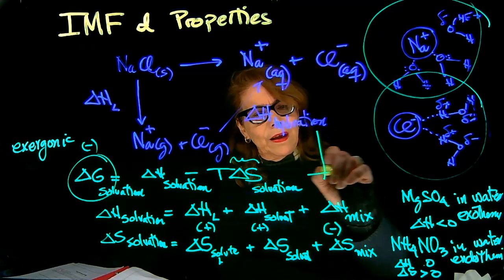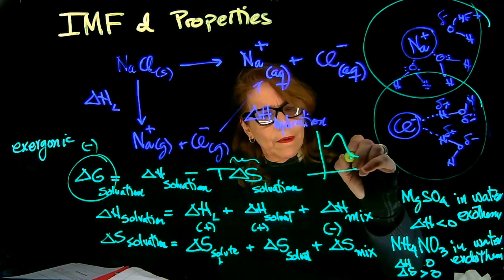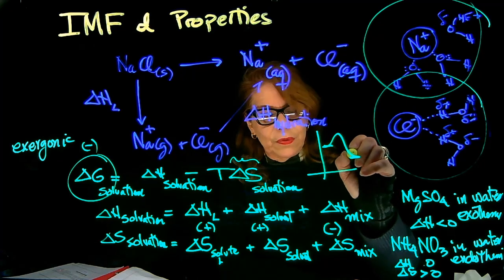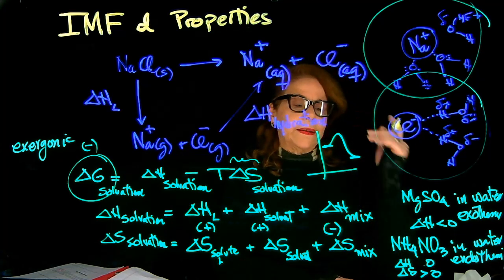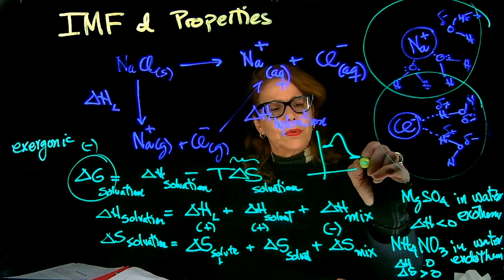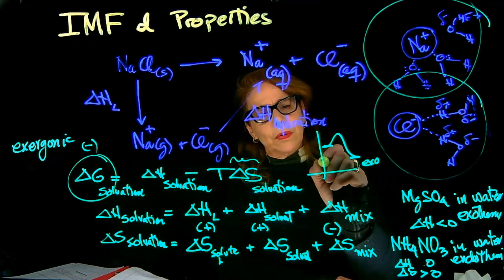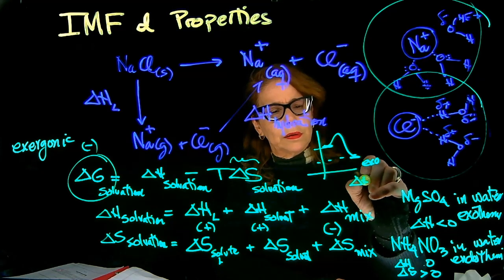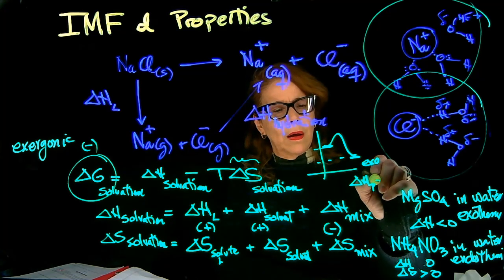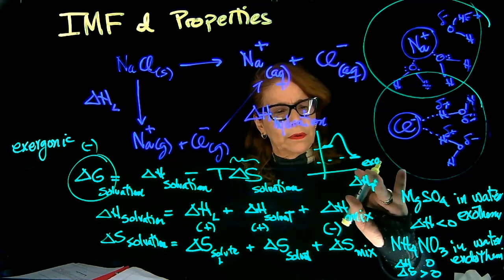Let's do the diagram here. So this minus that, it will be negative when it's exothermic. So exothermic here is enthalpy defined as that of the product minus that of the reactant.